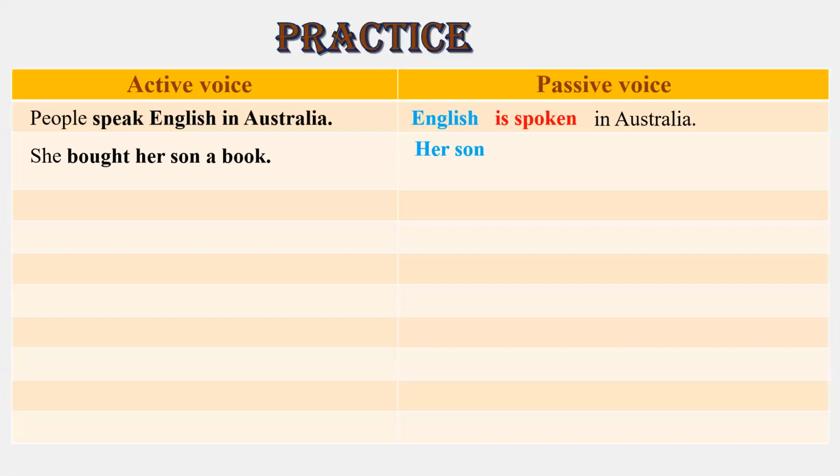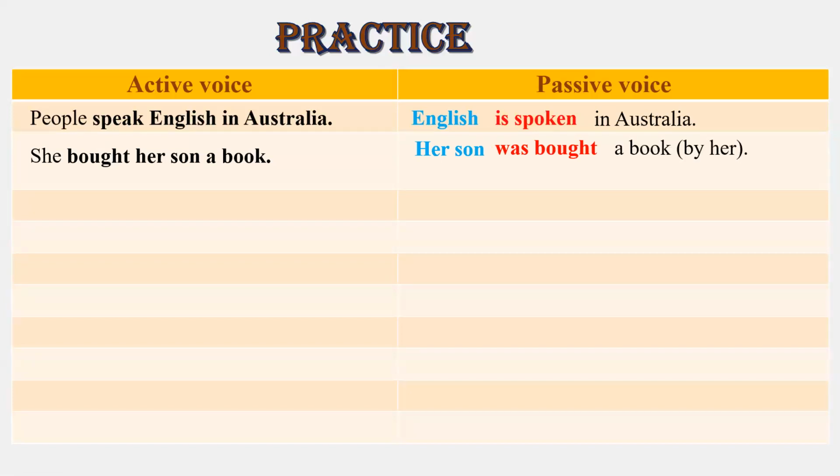And then the verb to be in the same tense as the main verb in the active voice. And here it is in the past simple. Her son is singular, so we put was. And then the past participle of the verb buy, which is bought. Her son was bought a book by her.